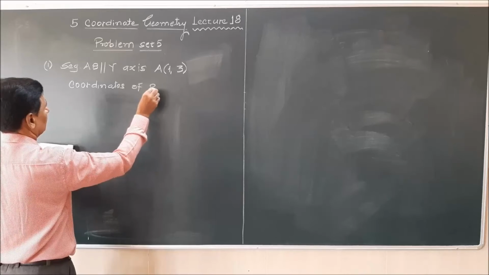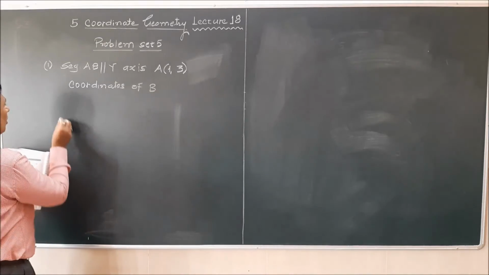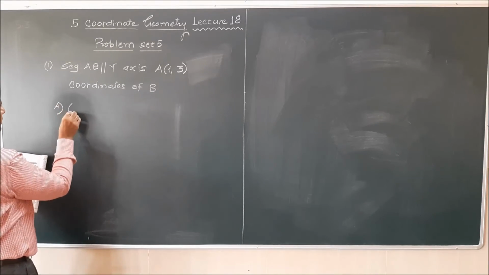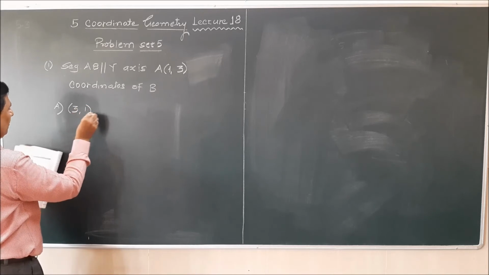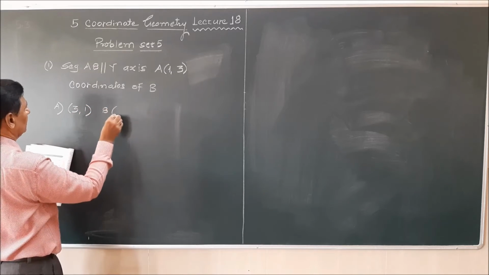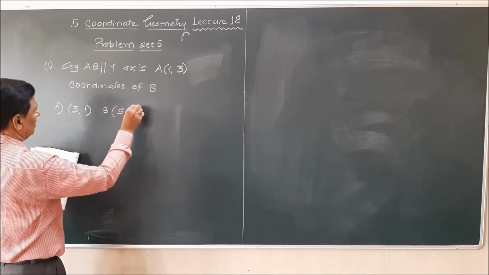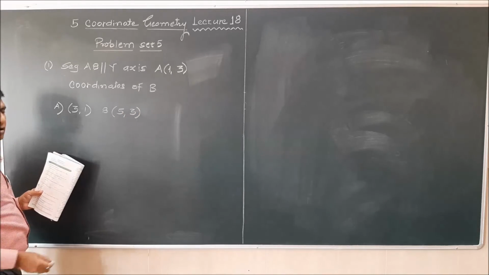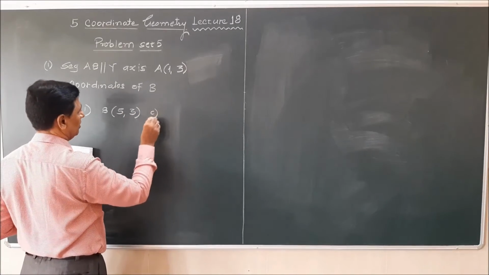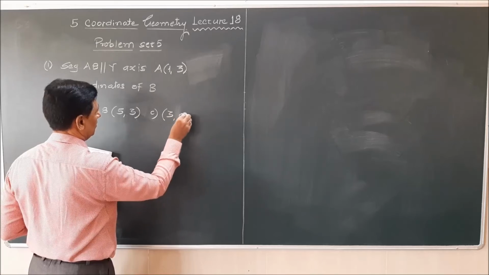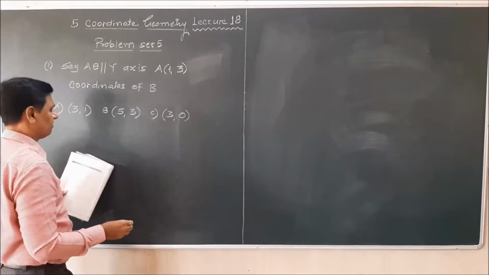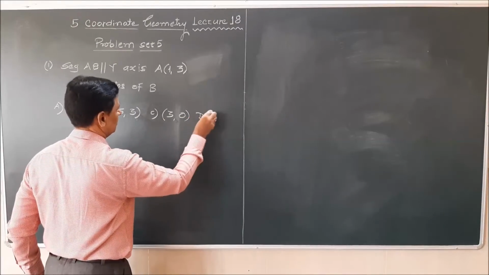We have to find the coordinates of B. Options given are A (3, 1), B (5, 3), C (3, 0), and D (1, -3).